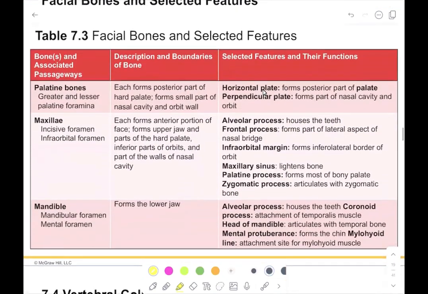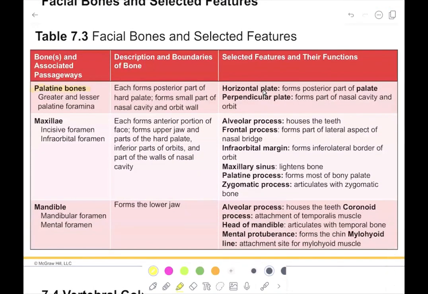For other facial bones, for the palatine bone, you should be able to identify the perpendicular plate. For the maxillae, be able to identify the infraorbital foramen, the alveolar process, which houses the teeth. The palatine process helps to form part of the bony palate, and the zygomatic process.